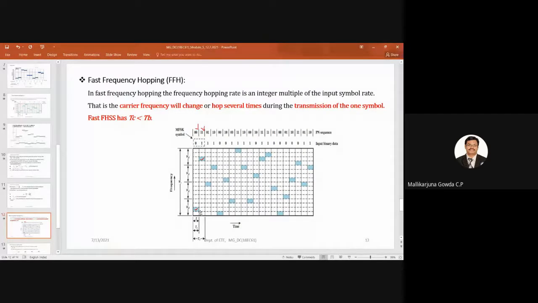Here the symbol and the PN sequence mapping is easy to understand, right? So 2 bits is one symbol. With the 2-bit combination, I can have 4 different symbols, right? For all those 4 different symbols, 1 hopping frequency will be there.